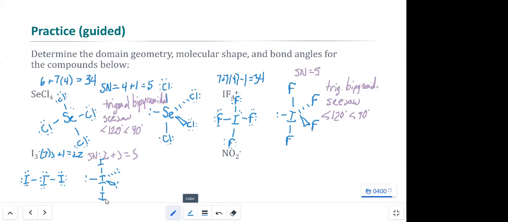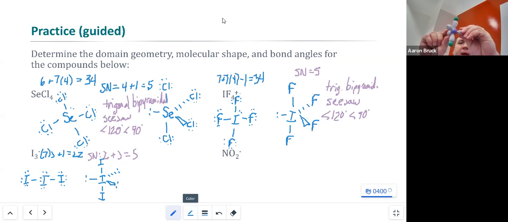So once again, if I'm looking at this from a molecule building standpoint, I start with my trigonal bipyramidal, but pull off all 3 of these equatorial positions and replace them with lone pairs of electrons.